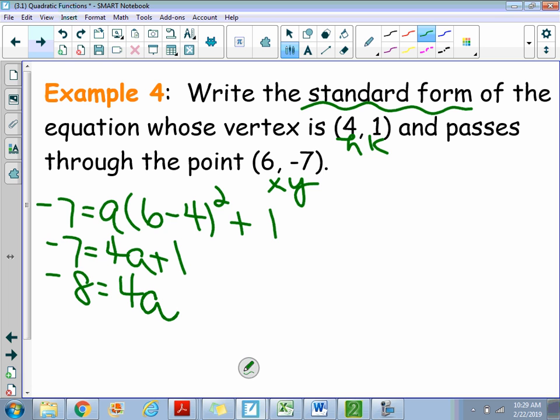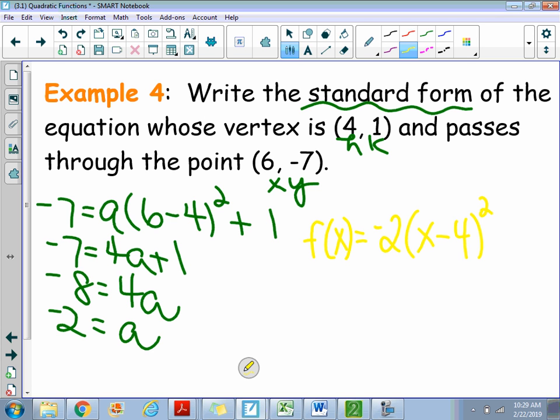I made another one with an a value of negative 2. All right, so the equation I have so far is negative 2 times x minus 4 squared plus 1. Okay, so then what do I do now? Solve.